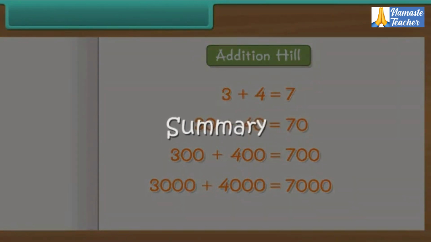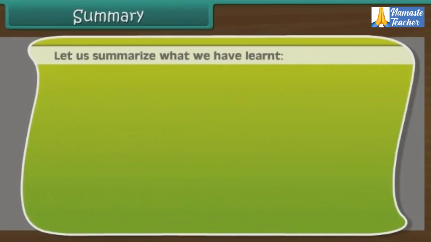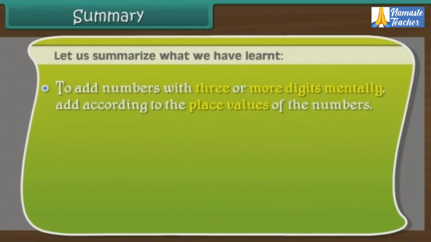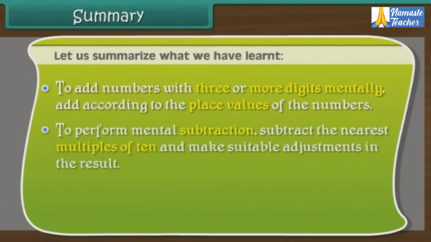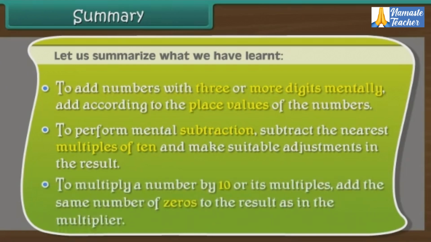Summary. Let us summarize what we have learned. To add numbers with 3 or more digits mentally, add according to the place values of the numbers. To perform mental subtraction, subtract the nearest multiples of 10 and make suitable adjustments in the result. To multiply a number by 10 or its multiples, add the same number of zeros to the result as in the multiplier.